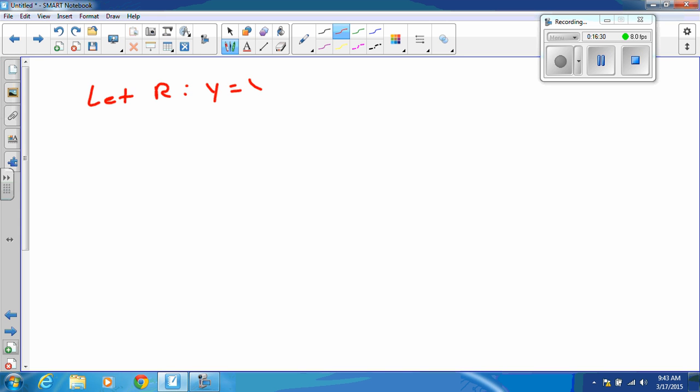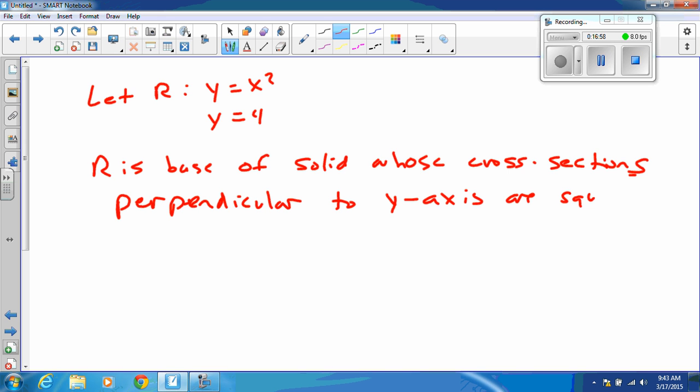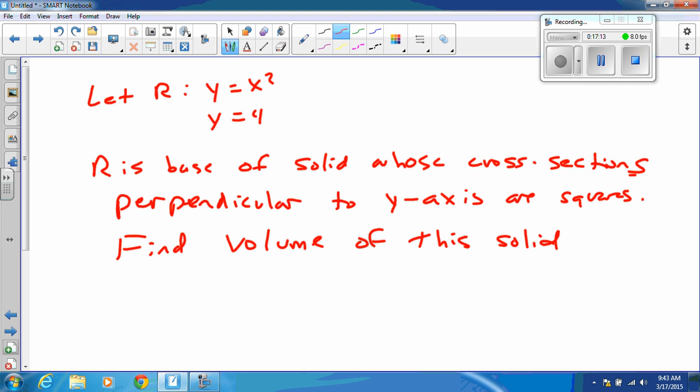Let R be defined by y equals x squared and y equals 4, and R is the base of a solid whose cross sections perpendicular to the y-axis are squares. Find the volume of this solid.